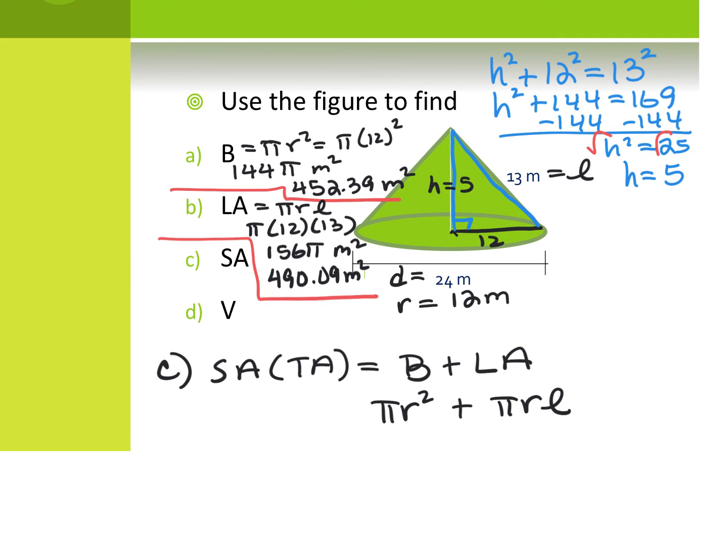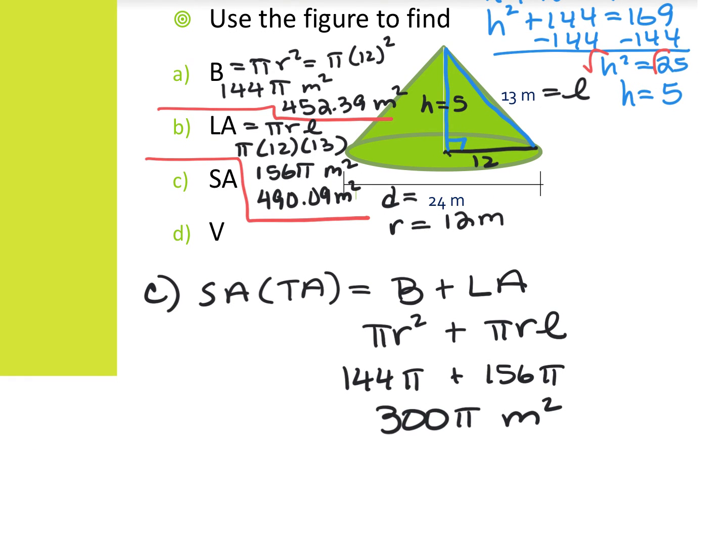So I'm just going to plug it in. 144 pi plus 156 pi. Add these two together. 300 pi meters squared is left in terms of pi. If I use my pi button, 942.48 meters squared.